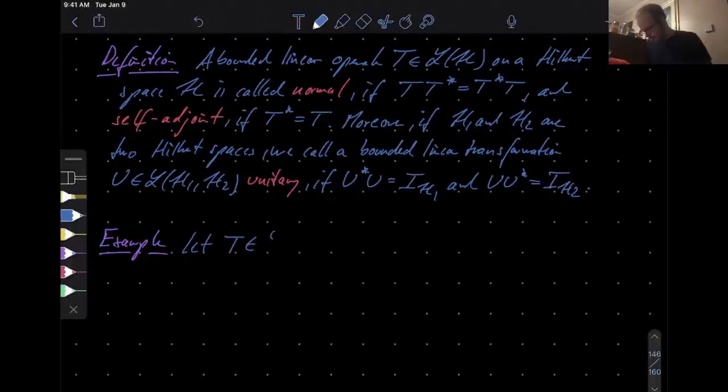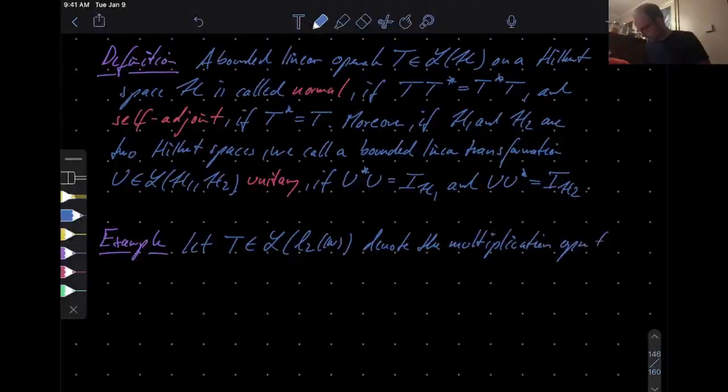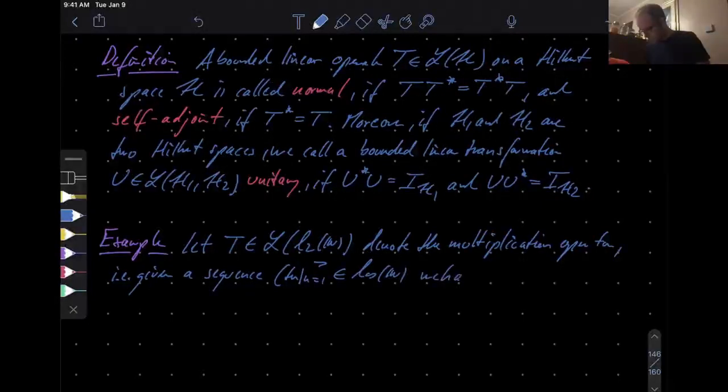T be a bounded linear operator on small l2, denote the multiplication operator. Oh yeah, so this was in the first week. Multiplication operator. Meaning, given a sequence of complex numbers T_n, a bounded sequence, so an element in l infinity, the multiplication operator acts as follows.